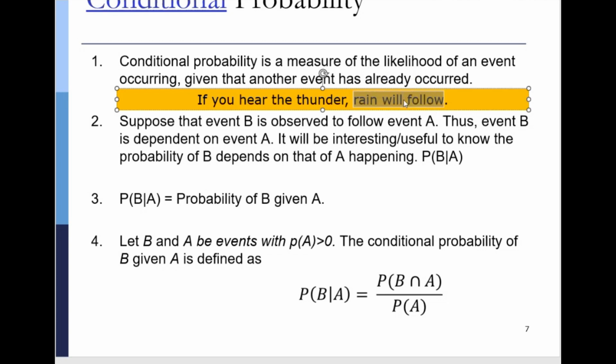Then only we determine that rain will happen if you hear the thunder. So you need probability of thunder, probability of rain, and finally probability of raining if there is a thunder. That is why it's called conditional probability, because there is a condition, and the condition is, in this example, hear the thunder.